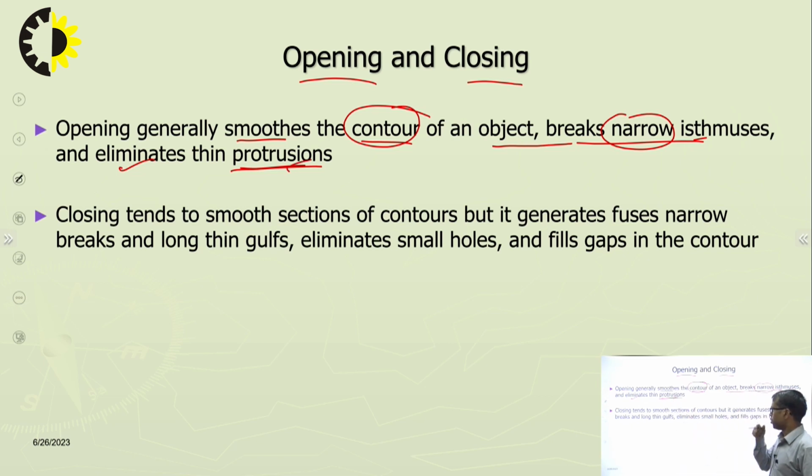Closing operation is the opposite of that, and basically it is also a smoothing operation, but it is affecting the contour by fusing, that is, merging. So it is breaking and it is fusing. Whenever there is a small hole, it will fill it; some gaps, it will fill those gaps. So opening and closing is likewise the opposite operation that we have seen in erosion and dilation.